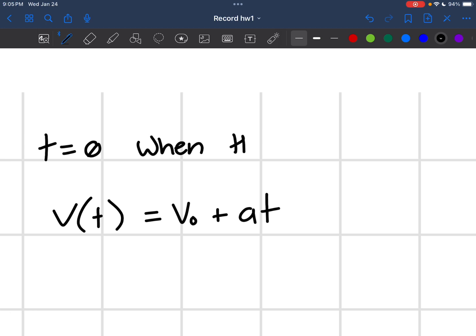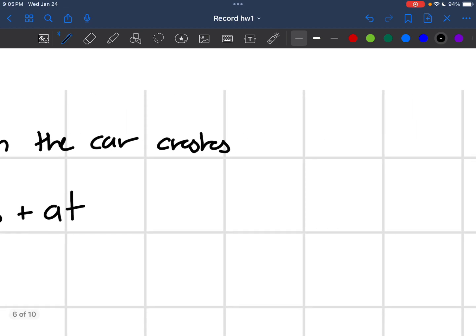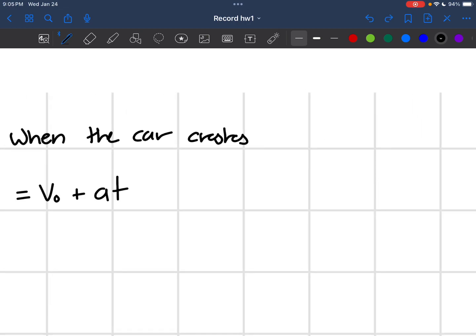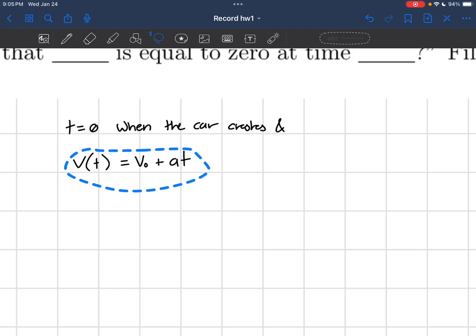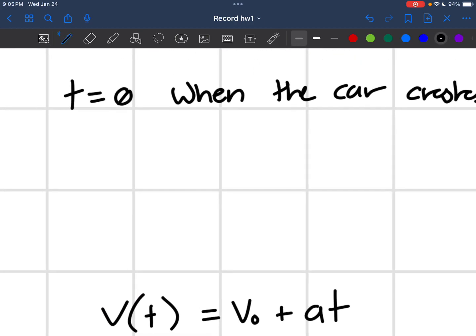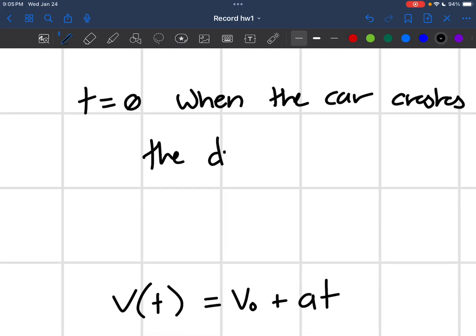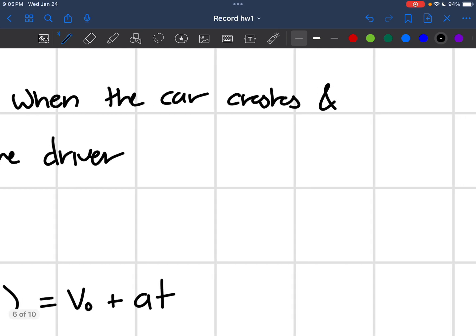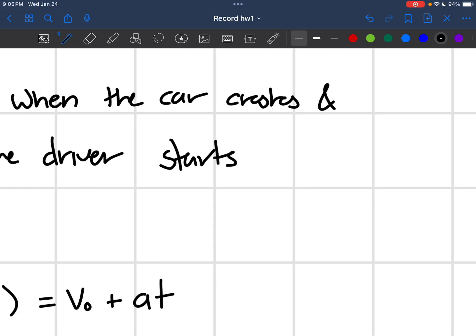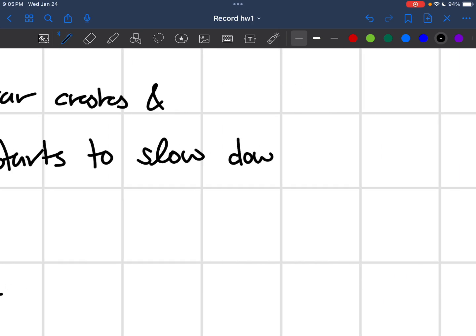So t equals 0 when the car crashes and the driver starts to slow down.